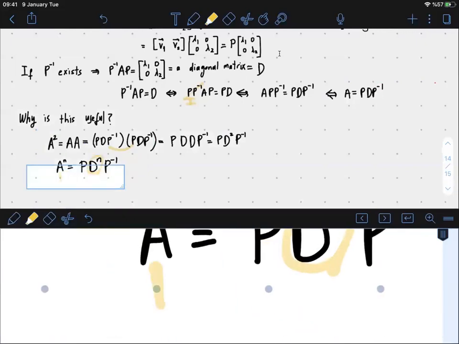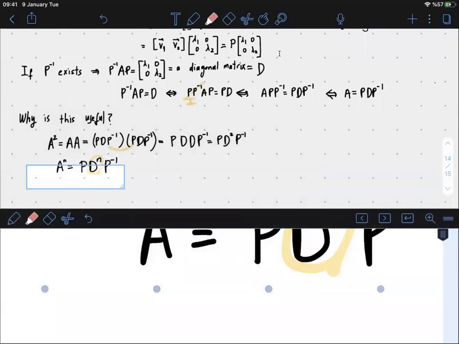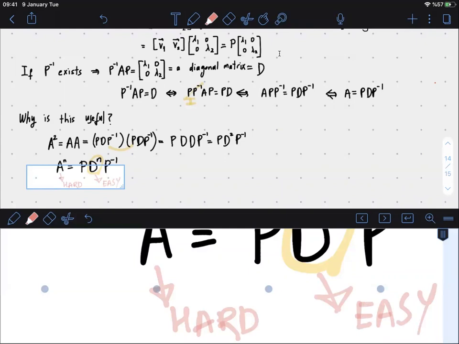So taking this is hard, but this is easy. One is hard, one is easy.